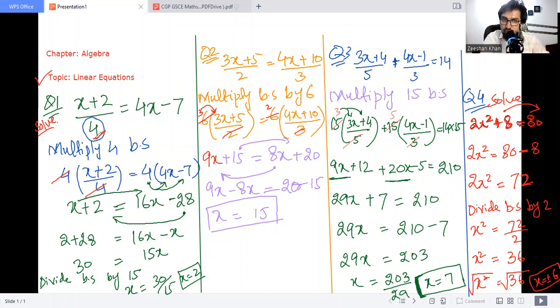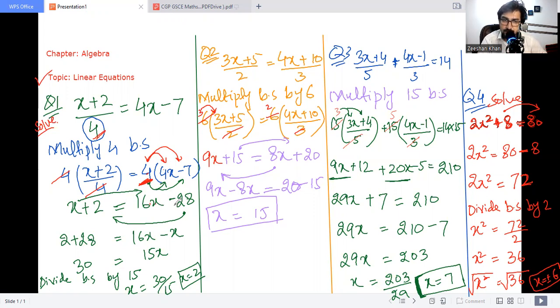So we have actually removed that 4. And we will also multiply the right side by 4. So now x plus 2 will be left on the left side, and we will multiply this 4 inside the bracket. So 4 times 4 is 16x, and 4 times 7 is 28.